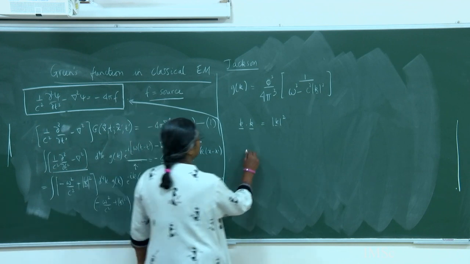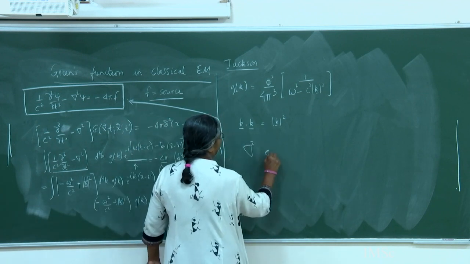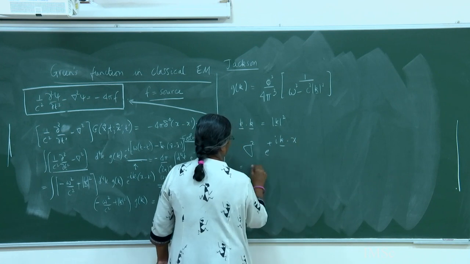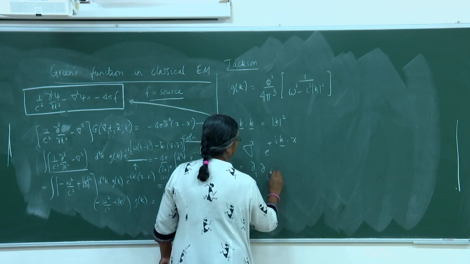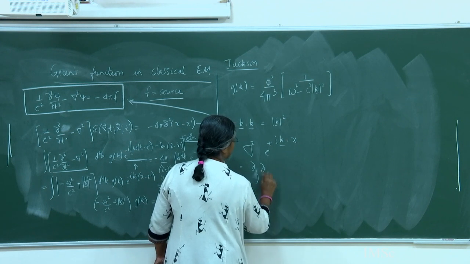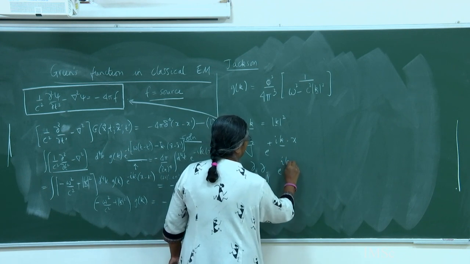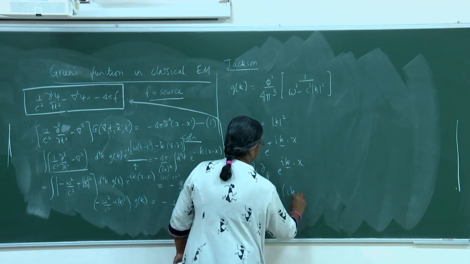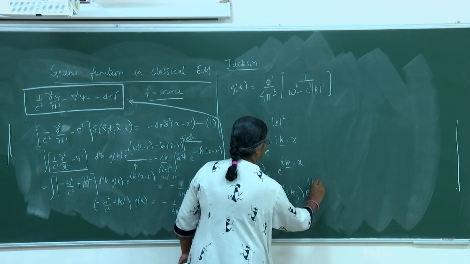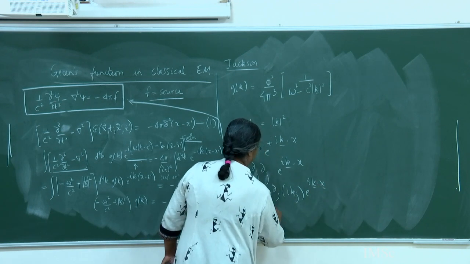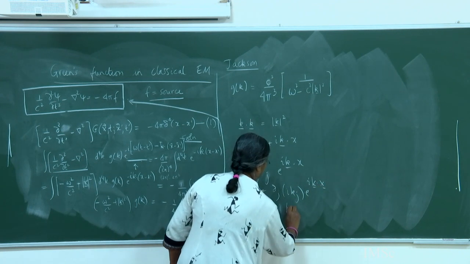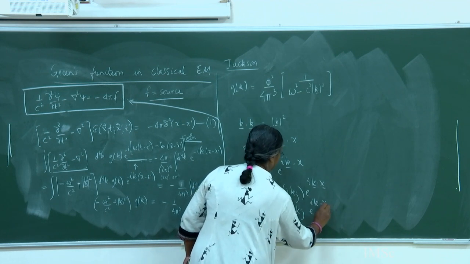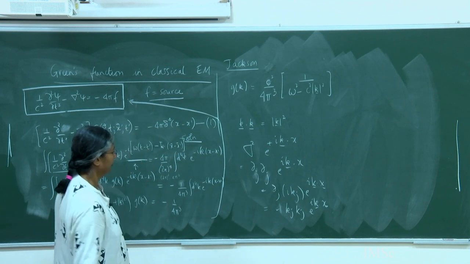Here, del squared. Let's not call it i, there are too many i's. Is it okay? Yes, ma'am. Okay, fine.